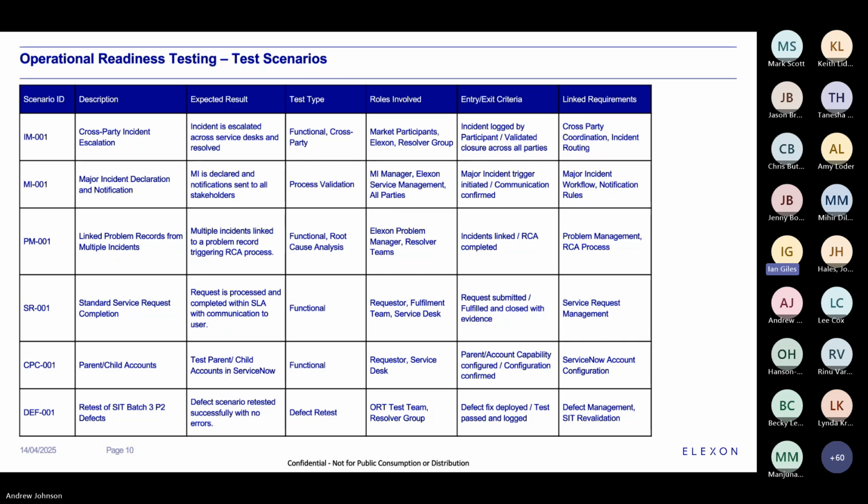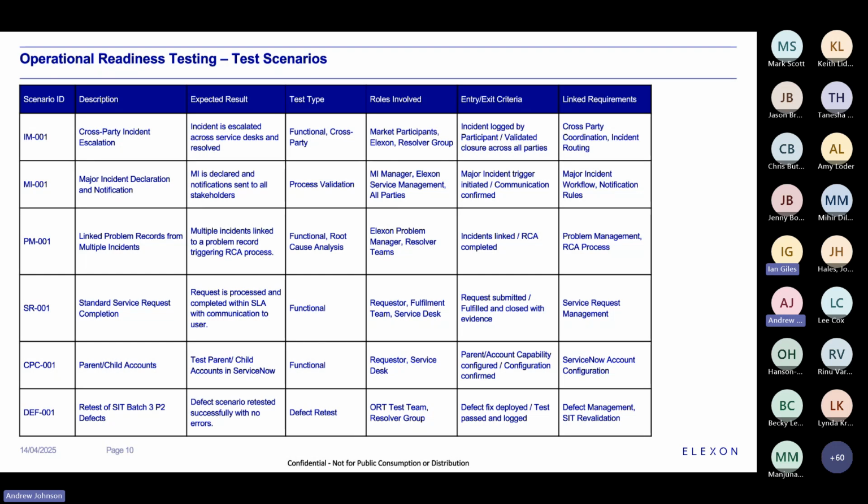There's also a scenario so we can start looking at the parent and child accounts, because we're working through that at the moment and that would definitely need to be tested as well. And 100% we need to retest the SIT batch 2 P2 defects to make sure they pass and that the defects have been fixed beforehand.